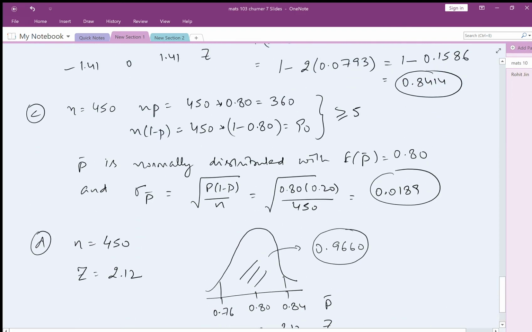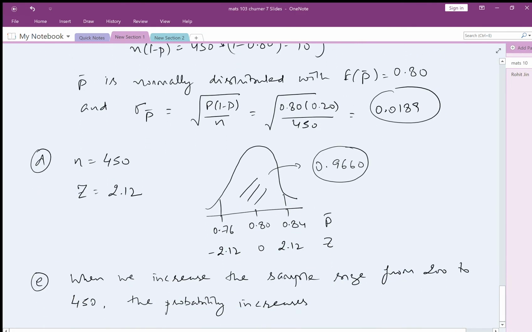In part B, we found the probability to be 0.8414, and now it goes from 0.8414 to 0.9660.